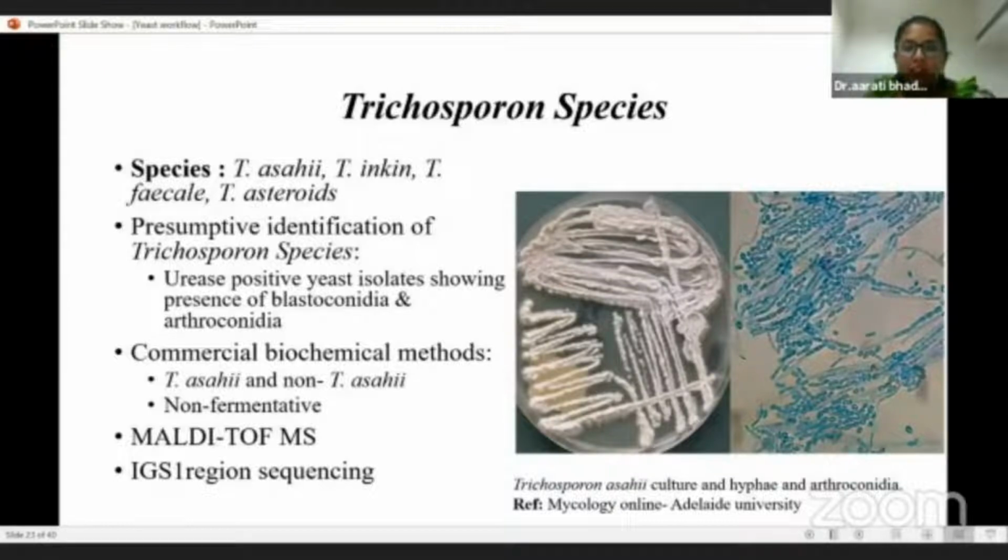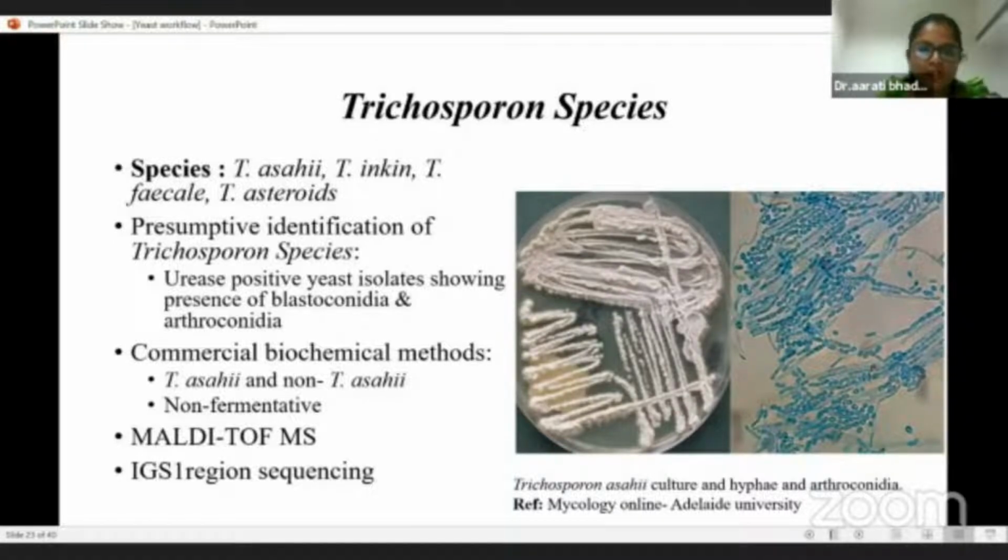Next species is Trichosporon species. The important species are Trichosporon asahii, inkin, faecale, and asteroides. For the presumptive identification of Trichosporon species, they will form dry yeast colonies on SDA. Then we have to do the urease test.